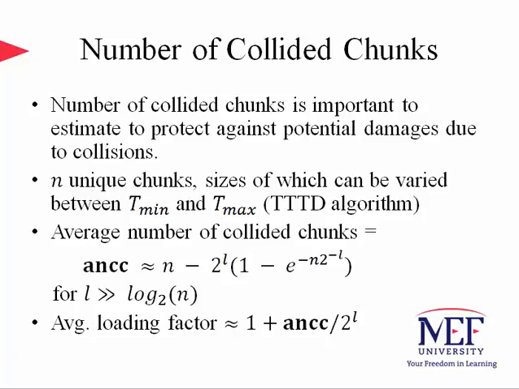If you're interested, I urge you to go to the reference that I'll mention later and look at the proof there. As you might guess, the minimum effect would be generated if the average number of collided chunks is distributed over all the index possibilities, which is 2 to the L. This actually happens for ideal hashing, so the average loading factor should not be too far from 1 minus ANCC divided by 2 to the L. As you can imagine from this expression, for large L, we will have an average loading factor getting close to 1.